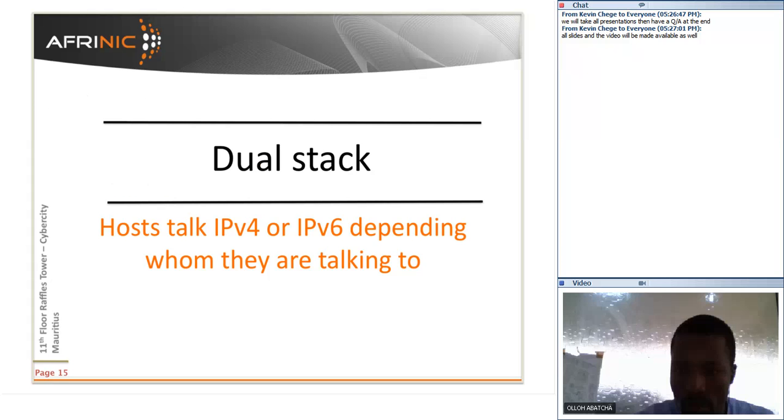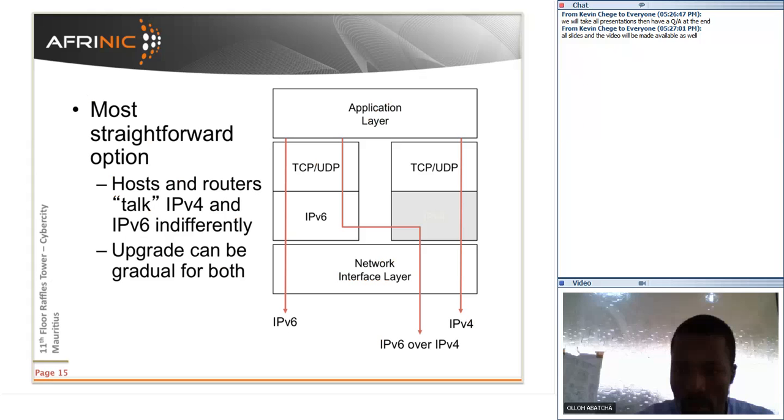So dual stacking, first kind. Dual stacking is the most straightforward option that you have. It's basically doing everything that you're doing on IPv4 and doing it on IPv6.